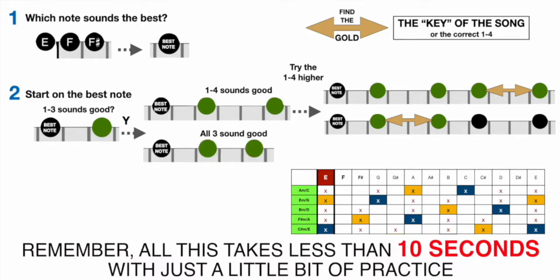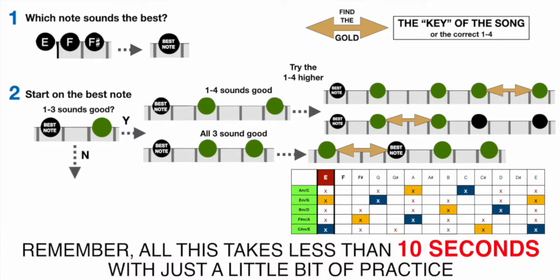Now, if the 1/3 sounds good originally, and then you go to that 1/4 and it doesn't sound good, it may be that you're on that 3 part of that 3/2 pattern. And if they all sound good, then that best note is the root of the major scale. So you just shift down, and then you have that pentatonic scale position 1.